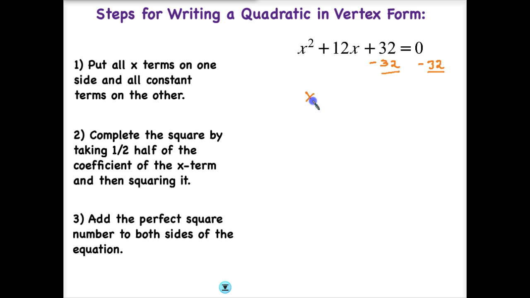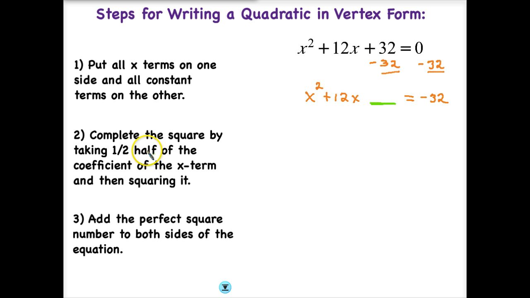So we have x squared plus 12x, and then I'm going to leave a space here, and on the right side we have a negative 32. I left a space here because this is where we're going to be putting a number that will help us complete the square, and you'll see what that is in just a minute.